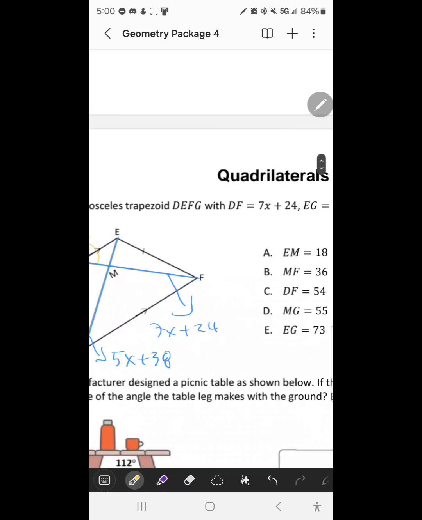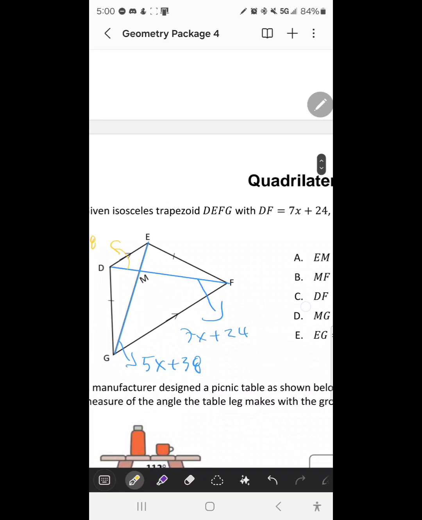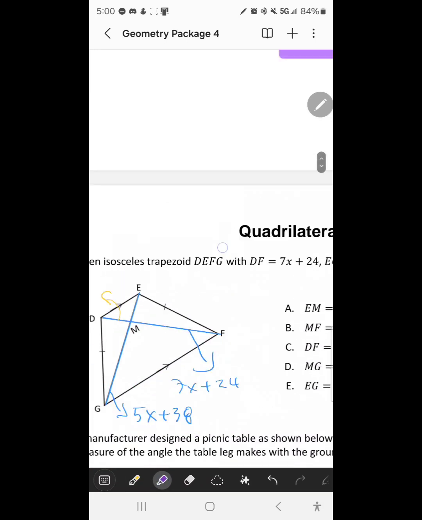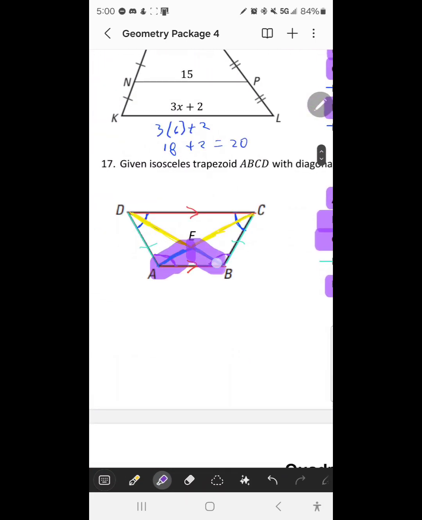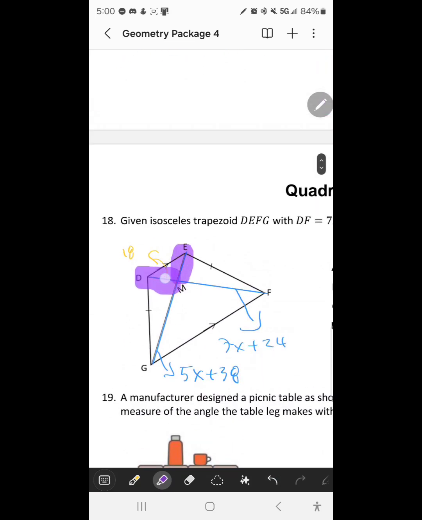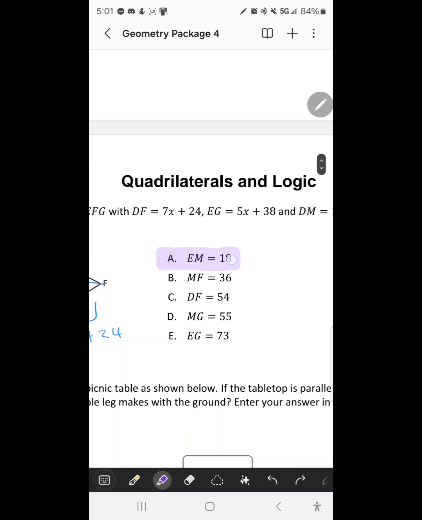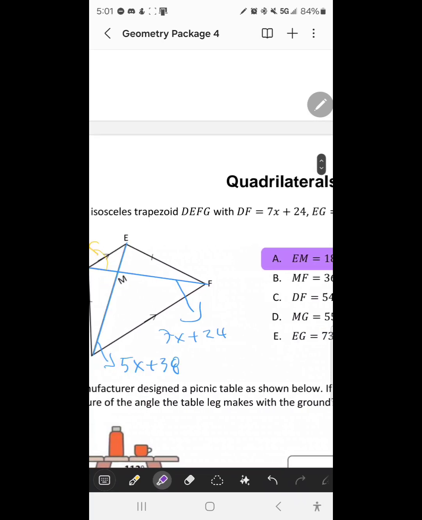Select all the true statements. So if DM equals 18, EM equals 18, yes, we established it before. These two little sides are equal. DM is equal to EM, so they are equal, 18.